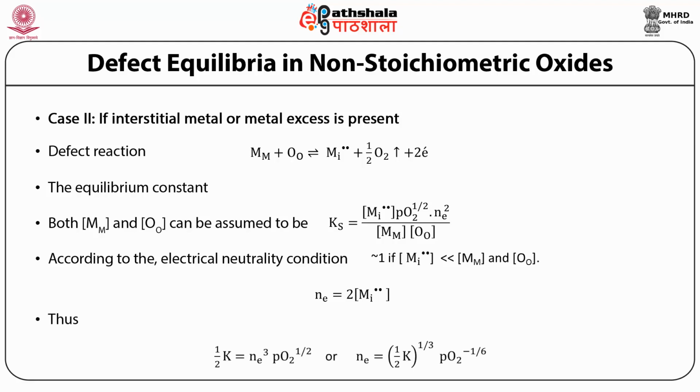Thus, 1 by 2K is equal to Ne cube PO2 to the power 1 by 2, or Ne is equal to 1 by 2K to the power 1 by 3 and PO2 to the power minus 1 by 6. So this plot which we obtain from this expression is very much similar to the above case, that is case 1.